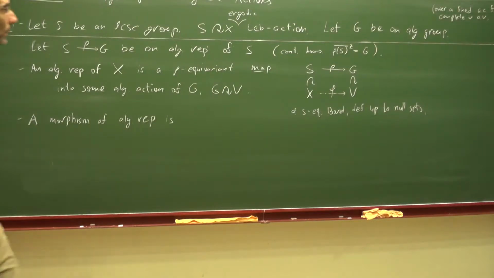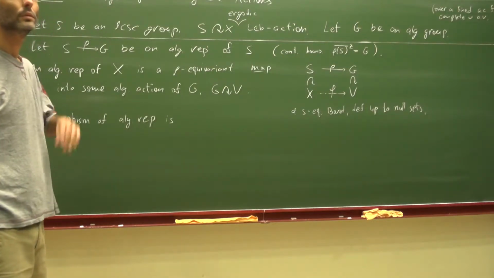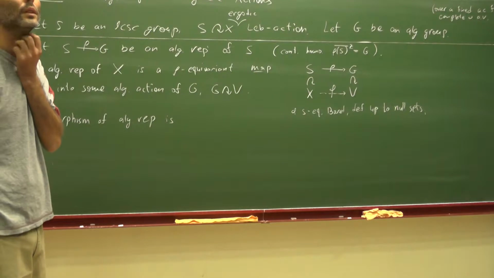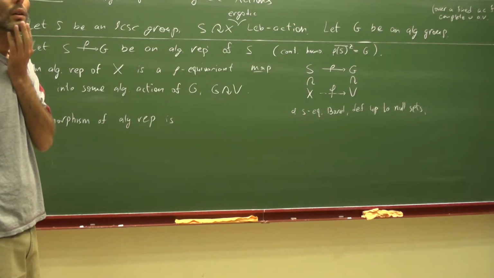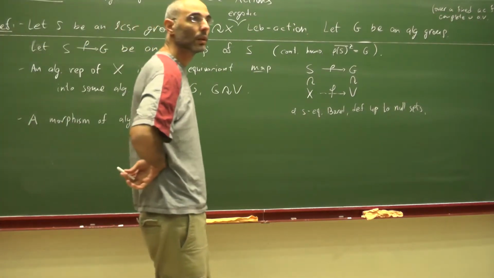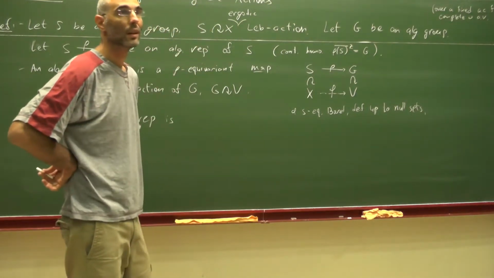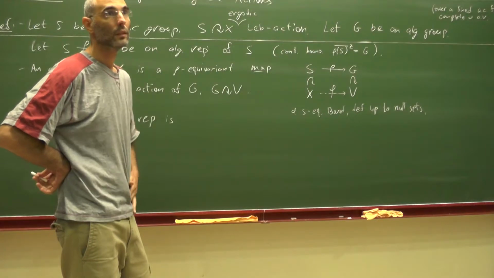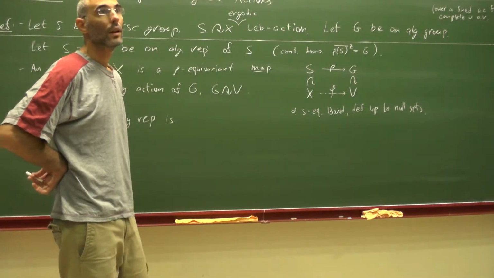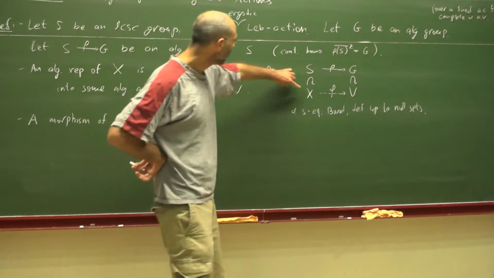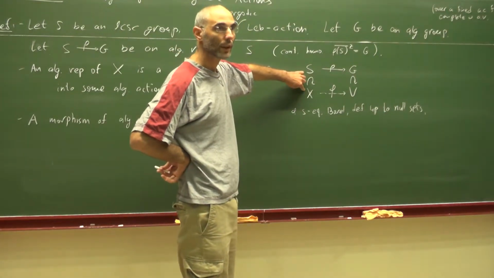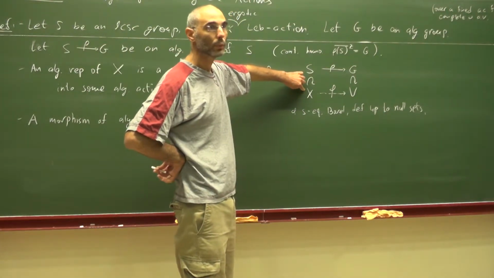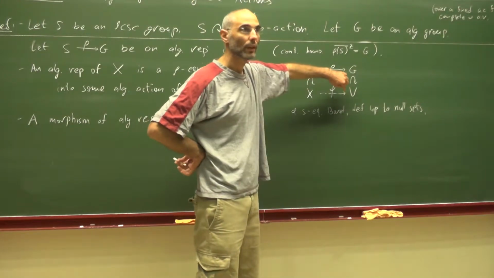But when you say it's defined up to a null set, then S equivariance is like pointwise conditions, and up to a null set when you modify it, what does it mean up to a null set? There is an S invariant null set on X that I'm allowed to omit whenever I'm having such a thing.